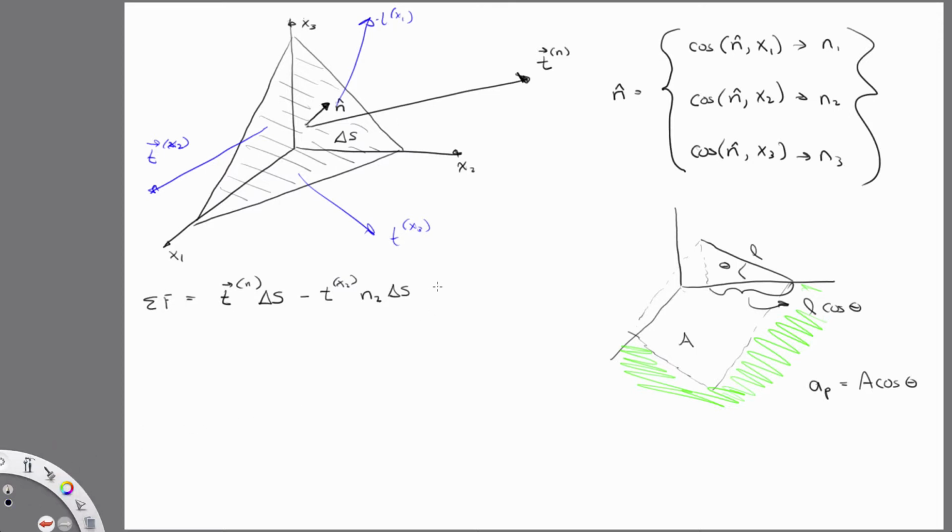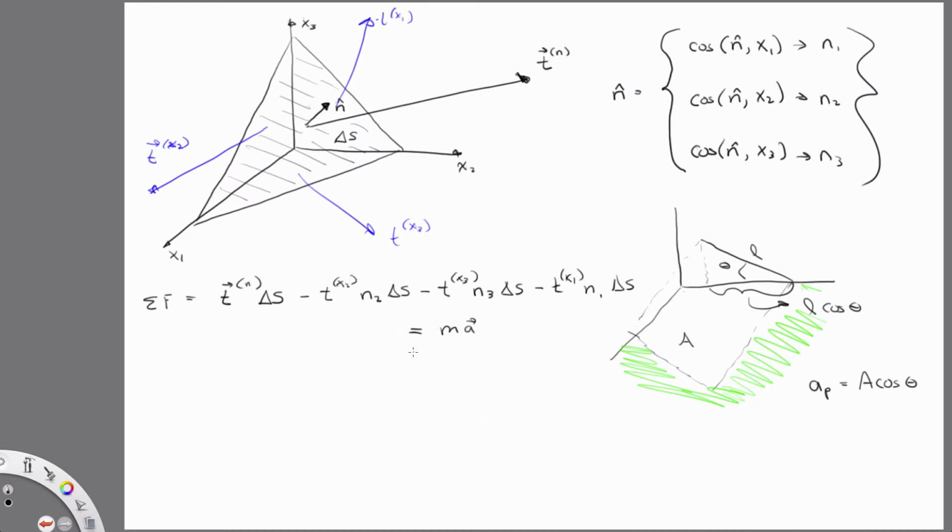And so then we have minus t x3 n3 delta s minus t x1 n1 delta s, right? So that's the sum of the forces, and all that is equal to ma, okay?